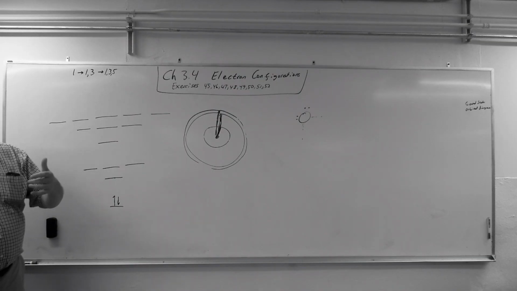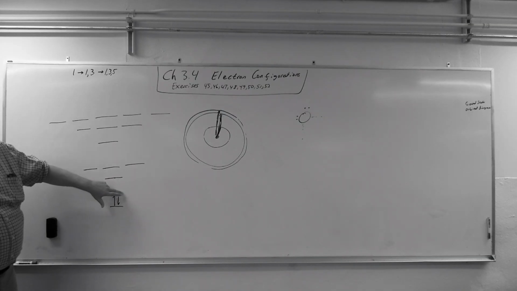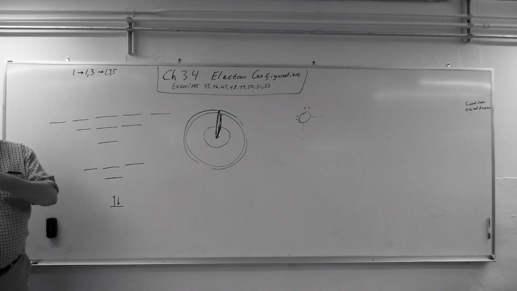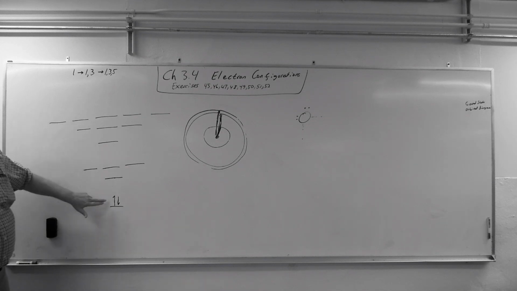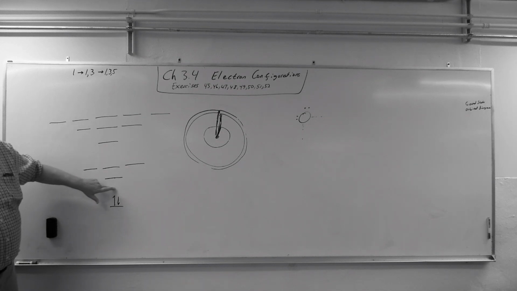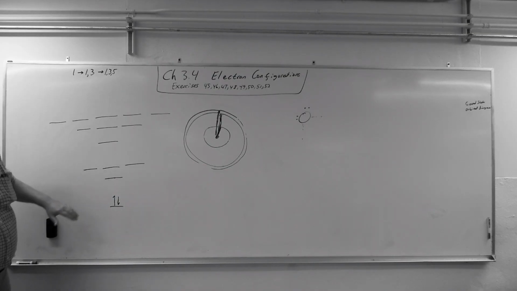Electrons actually have a magnetic property instead of the positive, negative electrostatic attractions that we talked about. And that's why we represent them like this. It's a north-south of two magnets will stick to each other. So if I had a bar magnet and another bar magnet, I would flip them like that and then they would stick like that. So you can kind of picture it that way. There's a magnetic property that makes them pair. And that's really all I'll say about the magnetic property, but just realize they pair.